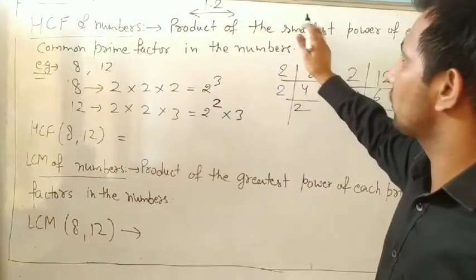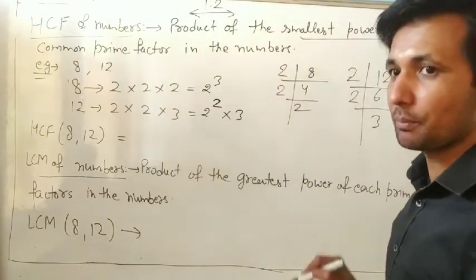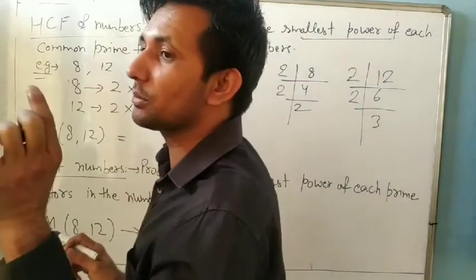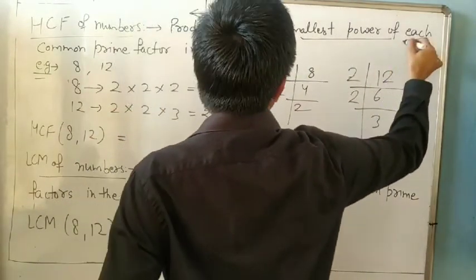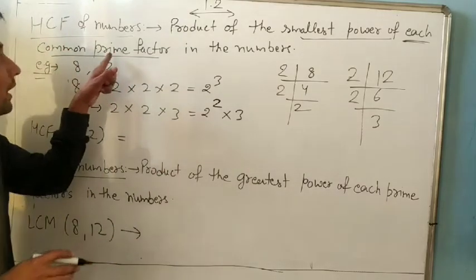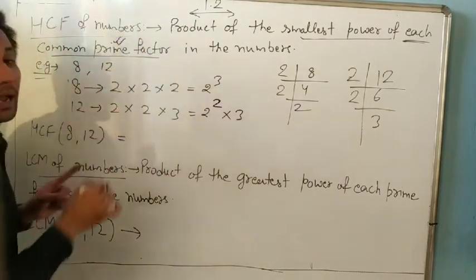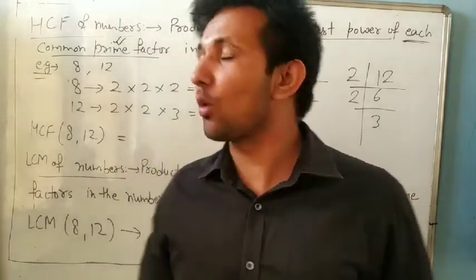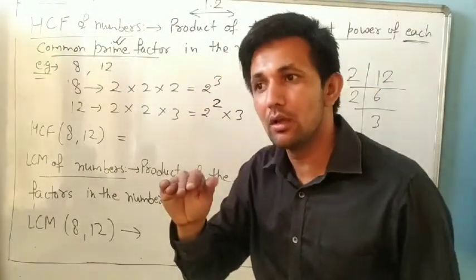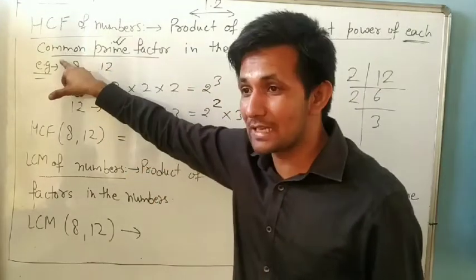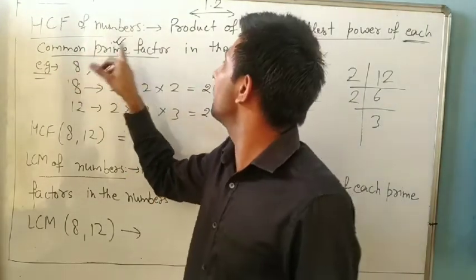It is the product of the smallest power of each common prime factor in the numbers. Remember this word, very important: prime factor.